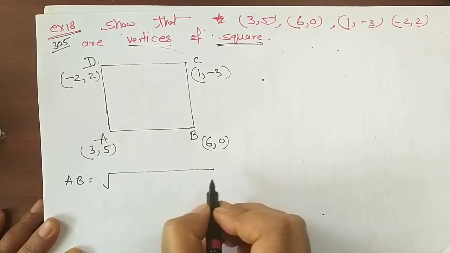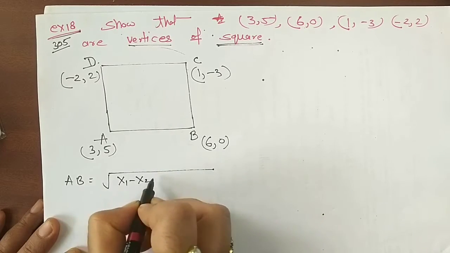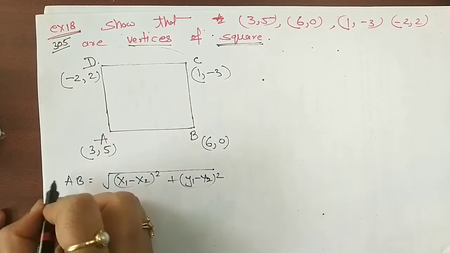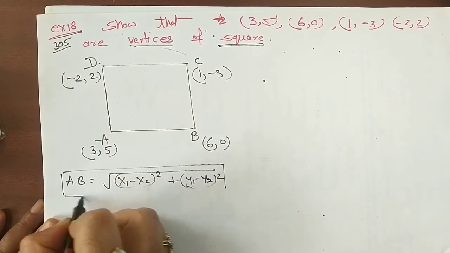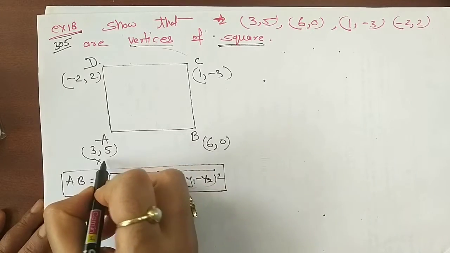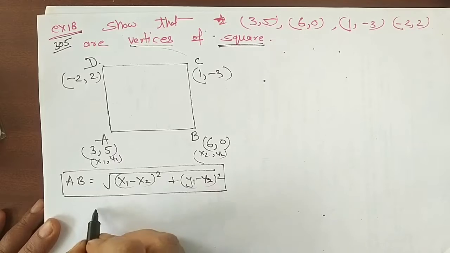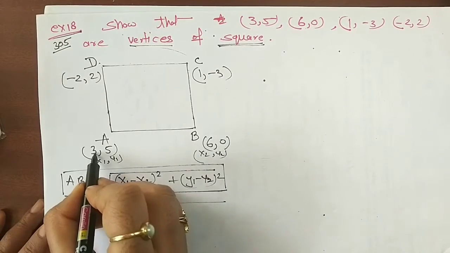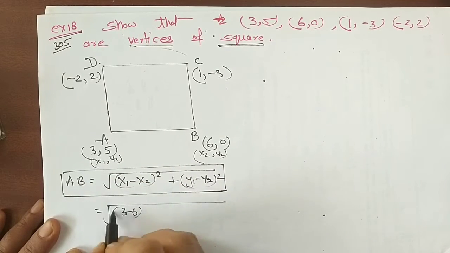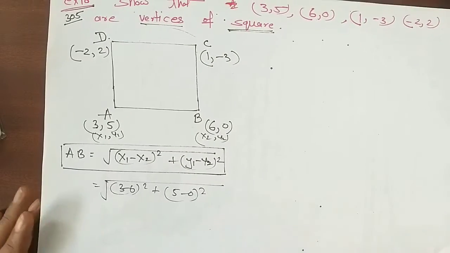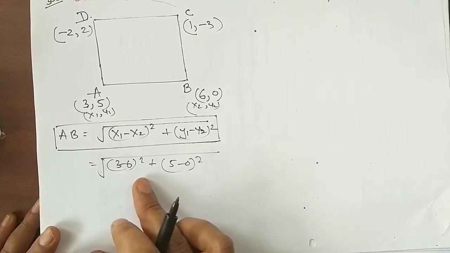तो AB is अंडर रूट. फॉर्मूला क्या है गाइस? (x1 माइनस x2) स्क्वायर प्लस (y1 माइनस y2) स्क्वायर. देखिए कितना यूजफुल फॉर्मूला है. ठीक है, तो x1 y1 एंड दिस इज सपोज x2 y2. तो लेट मी पुट इट. दिस इज x1 माइनस x2, तो (3 माइनस 6) स्क्वायर, (5 माइनस 0) स्क्वायर. व्हाट इज 3 माइनस 6?